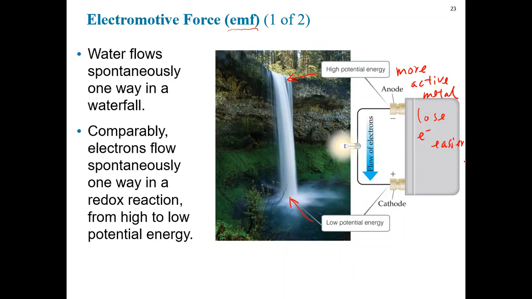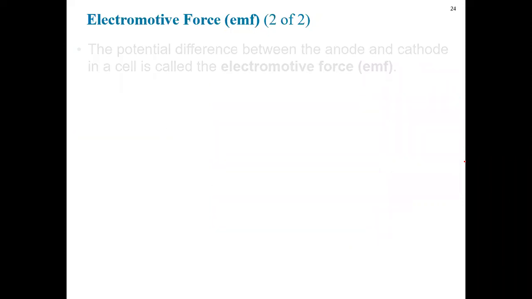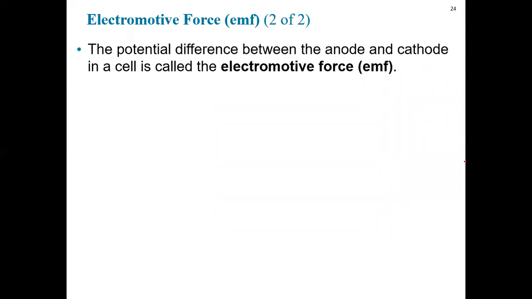A few years ago, maybe 20, 30, 40 years ago, scientists used the oxidation potential to see which is more easily oxidized. Nowadays, we use the reduction potential. We will see the table that gives you those numbers. Those numbers tell you the potential for something being reduced, so we call them electromotive forces.